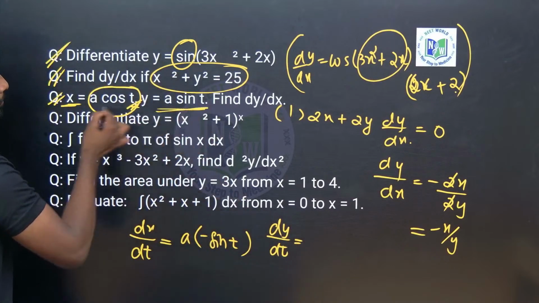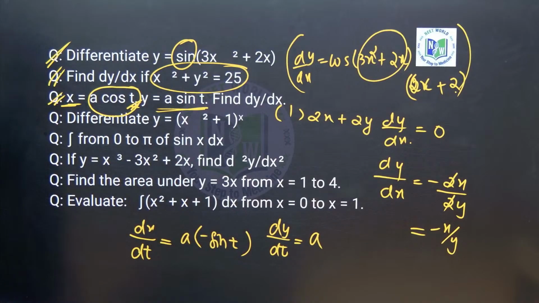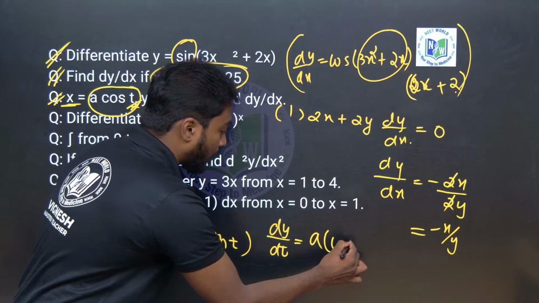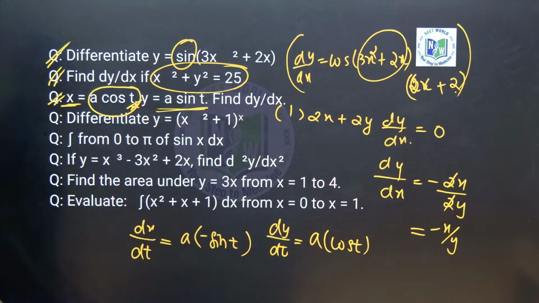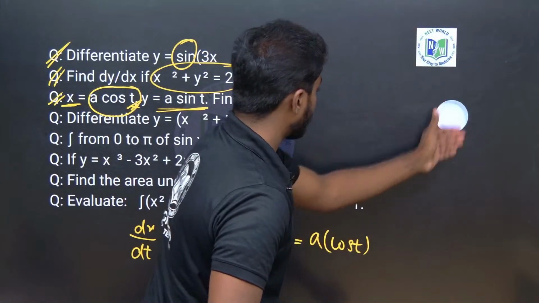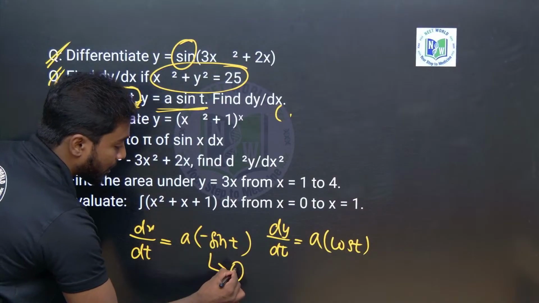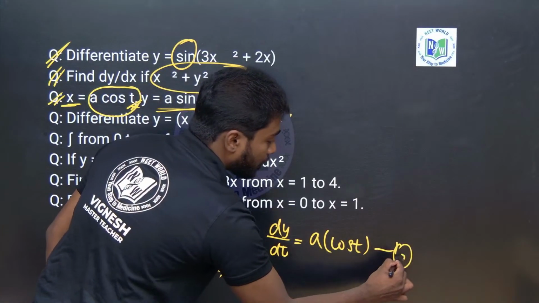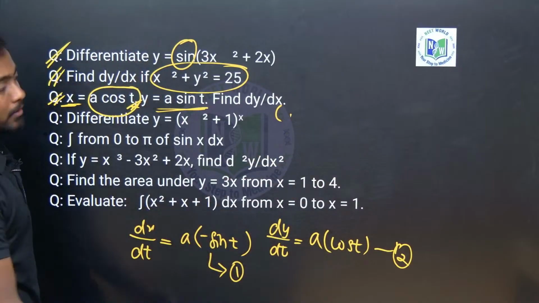Then dy by dt is equal to, now a I should keep as it is. What is the differentiation of sin? Cos, so cos t. Now they are asking to find dy by dx. Consider this as equation 1 and equation 2, so divide equation 2 by 1.